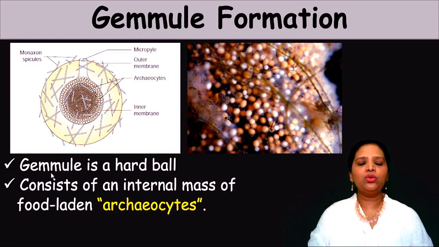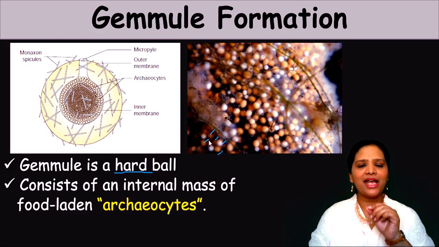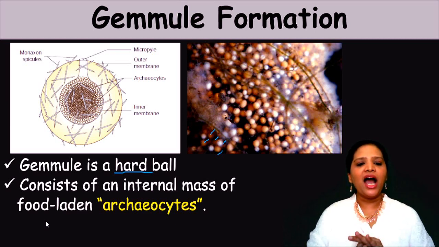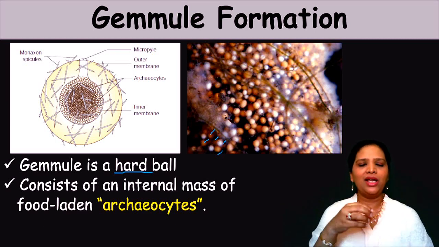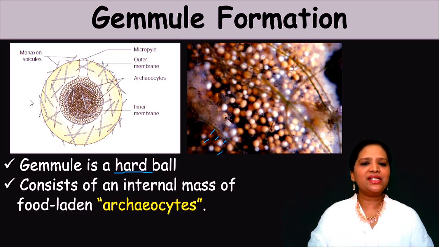So what is a gemmule? A gemmule is a hard ball. Every one of these is called a gemmule, and it is a hard ball. What does it contain? It contains an internal mass of food-laden archaeocytes. So when you make a cross section of the gemmule and look inside, you could see very minute particles.